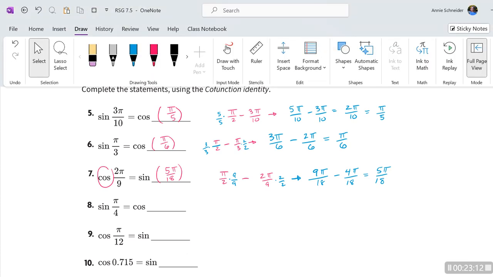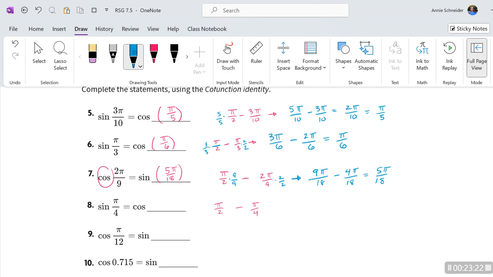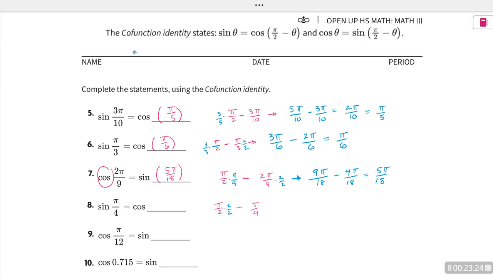Okay. So pi over 4. So pi over 2 minus pi over 4. I only have to change this one because my least common denominator here is 4. So I get 2 pi over 4 minus pi over 4, which gives me pi over 4 again.